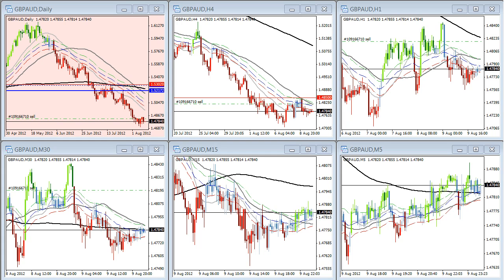So you're looking at the IBFX platform right now, and there are a few tools that you'll need in order to identify what the directional bias is. I'm going to explain those tools first. We're going to be talking primarily about the daily time frame, because directional bias is all about the daily time frame, the time frame that I feel is most psychologically significant.